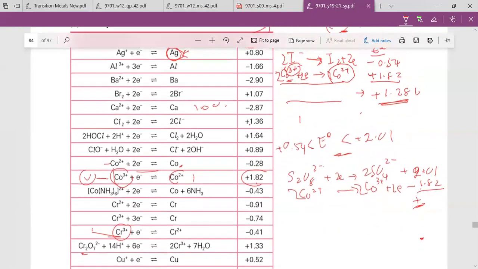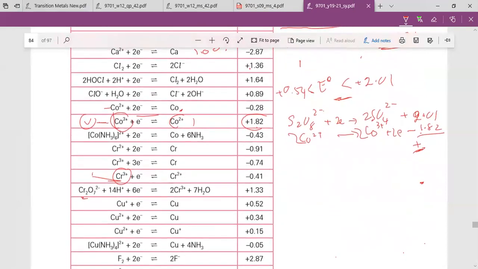How about dichromate? Dichromate, famous, okay. Here is plus 6, and here is plus 1.33. Can, isn't it? Because this is between 0.54 and 2.01. It's bigger than 0.54 and less than 2.01, so can.